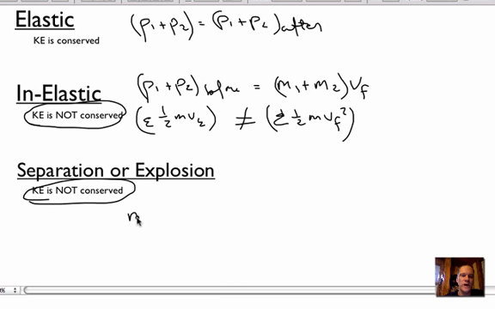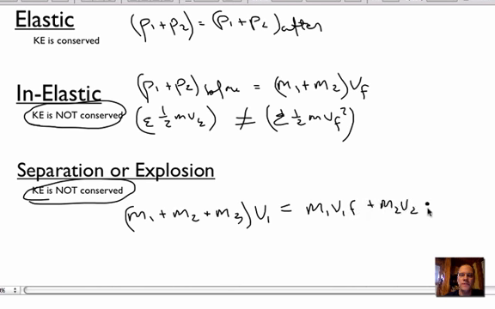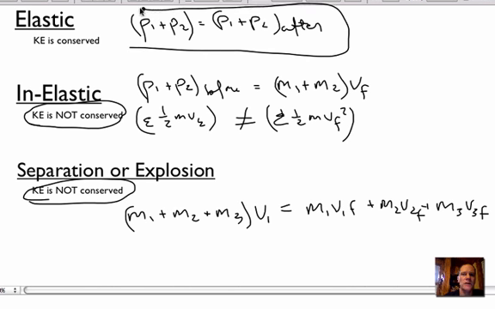So on this side, you have all the different masses, however many there are, all moving at one speed, or not moving at all, must equal then m1v1 final plus m2v2 final plus m3v3 final. Recognize they're all based on really that first part of conservation of momentum. They're just whether they're together or separate after they interact with each other.